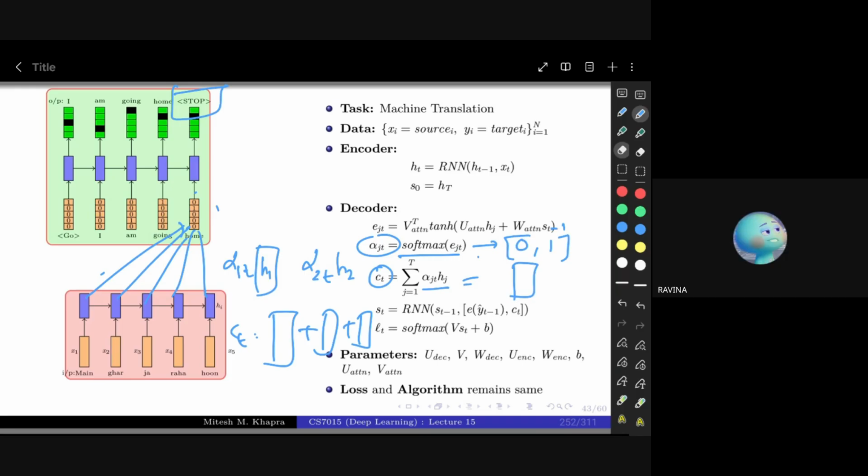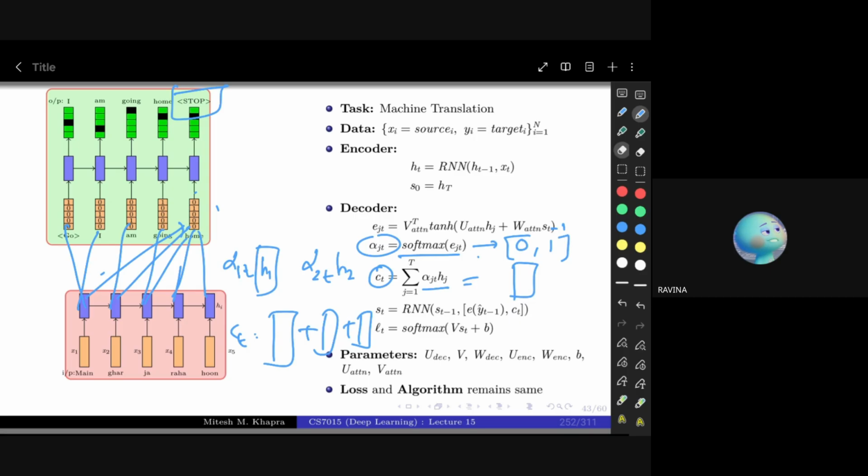One more doubt, sir. Why are we passing this vector at the last point, the stop word? If we pass it at the start of the sequence, it could predict a better sequence because it is the weighted context. No, we don't pass it at the last only. We pass it at every step, here also, there also, everywhere.